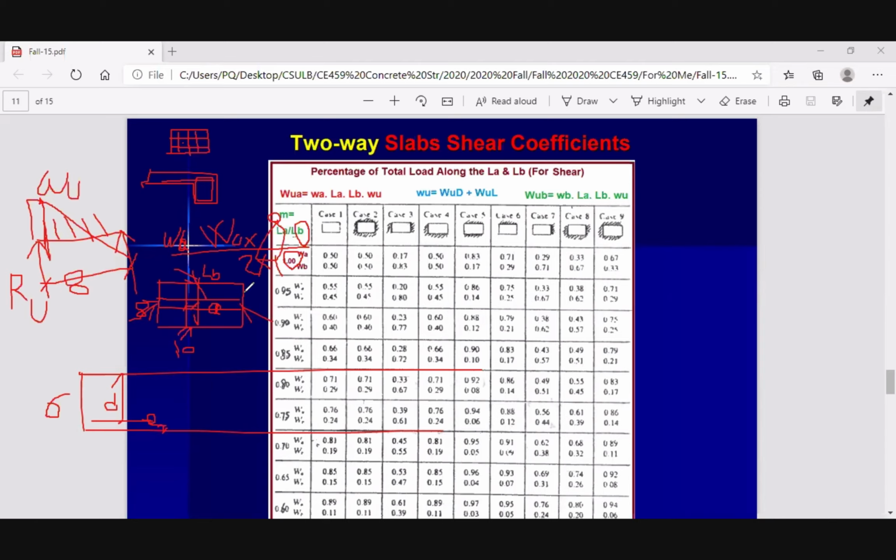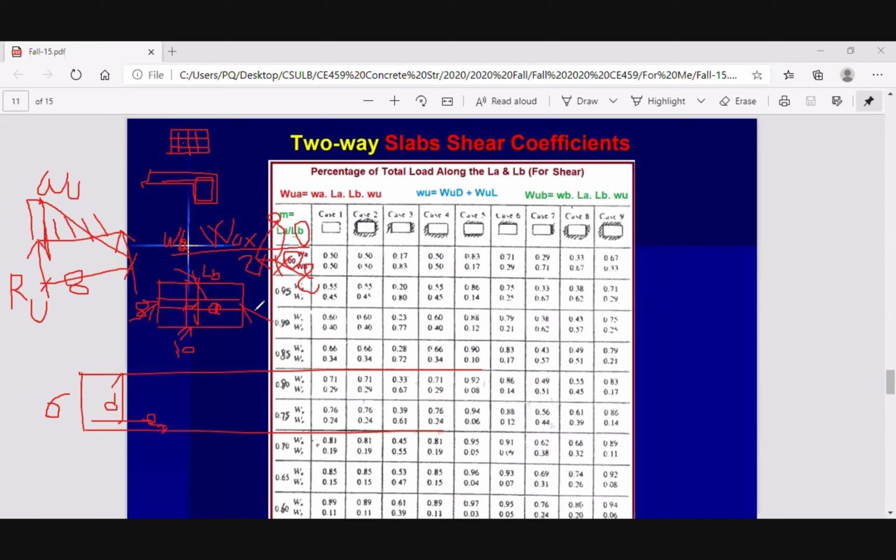Then divided by the length of the B side. So for B, the length of that is LA. Instead of 10, divided by 8, divided by LA. So you will find for 1 foot of this, that's your reaction for 1 foot.